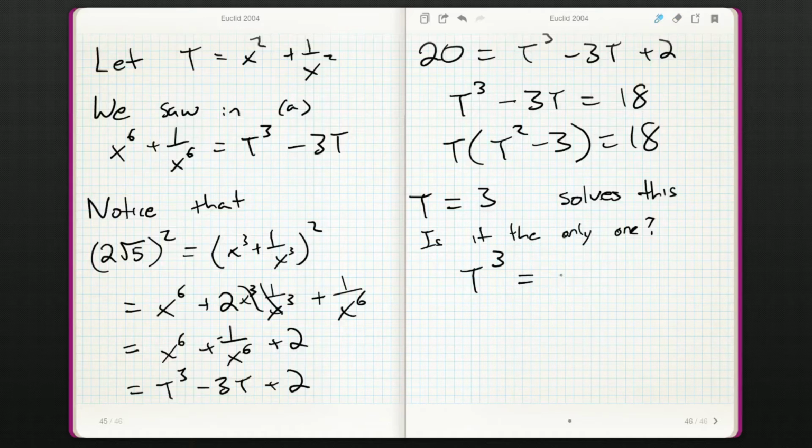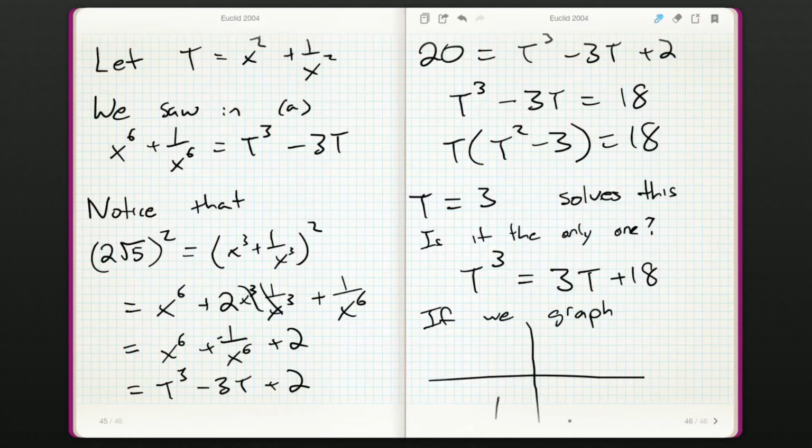T cubed is 3t plus 18, and if we graph them, the cubed looks like this, and the 3t plus 18 looks like this, and I think we would need calculus to actually say that there is only one intersection, so that's a little bogus. Yeah, we would need calculus to say that they don't intersect in more than one place, and they may actually.